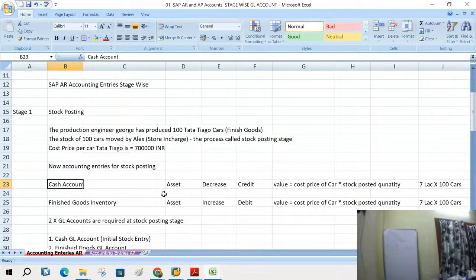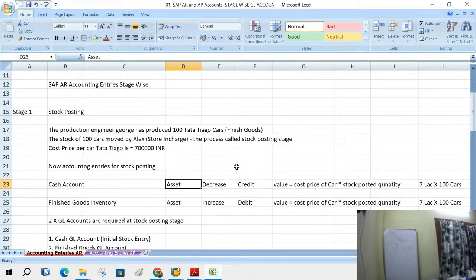After 100 cars are produced, what happened to your cash? Has cash reduced, decreased, or increased? Because it is converted from cash. You went to the vegetable market to purchase your potato, tomato. Correct. At the end of your shopping, what happened? The money in your purse is reduced or increased after your purchase? It is reduced. Correct.